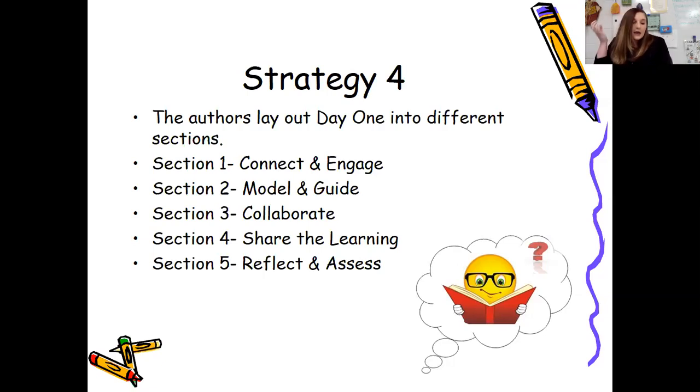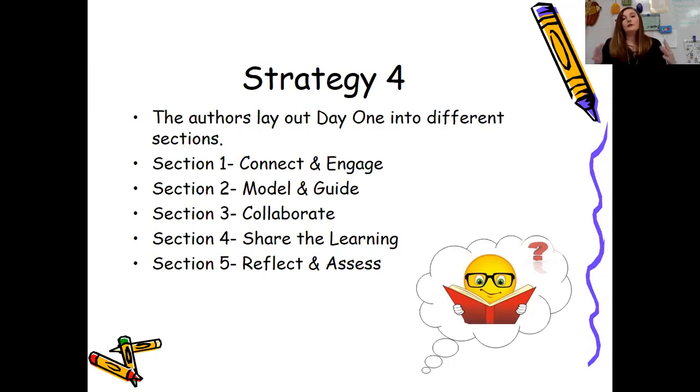And it says, introduce the topic of the text. So if we would use Helen Keller, we would talk about Helen Keller and what's wrong with her. That would include a different content area. They can be using social studies at this point, because they'll be learning about Helen Keller's life.